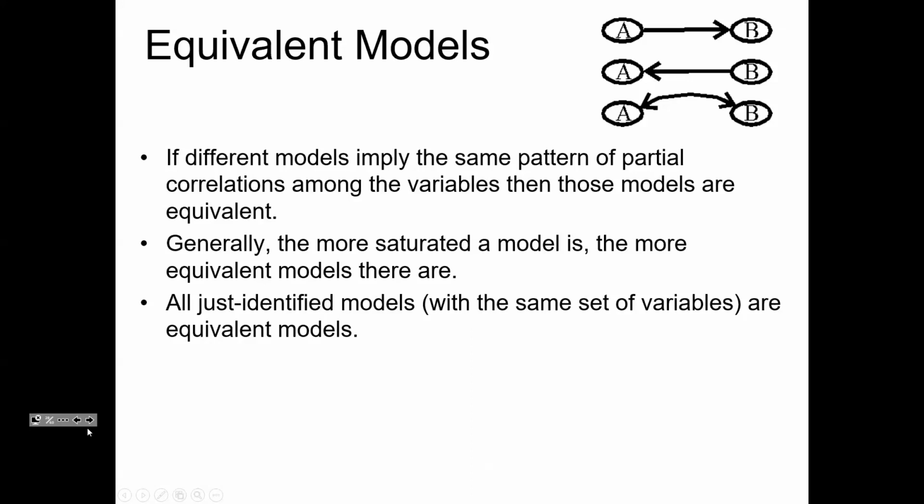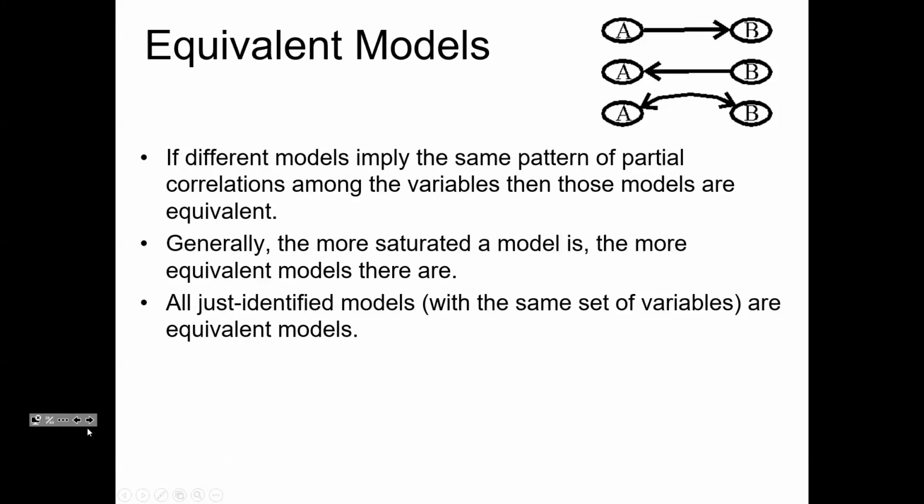Okay. So anyway, here's the deal. Generally, the more saturated a model is, and saturated means the more parameterized. A completely saturated structural model is the same thing as a just identified structural model. I'm really thinking here about structural models, though this is true for measurement models too.